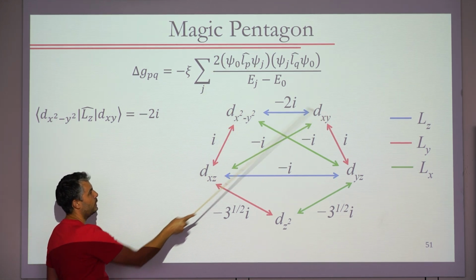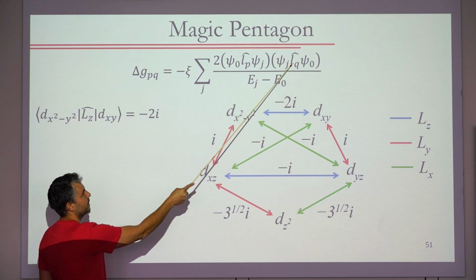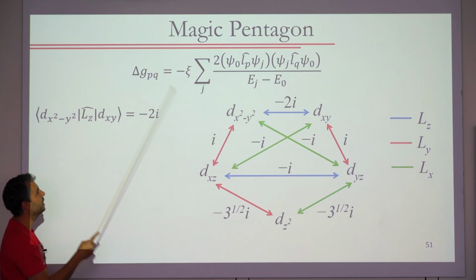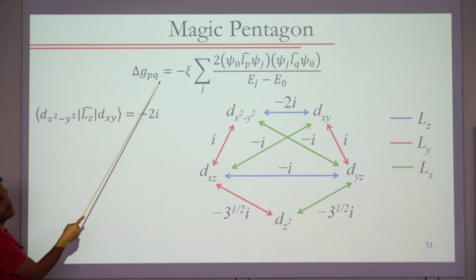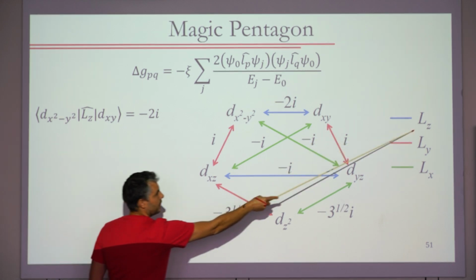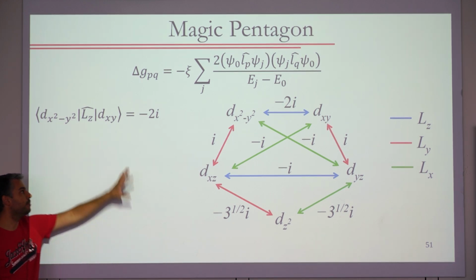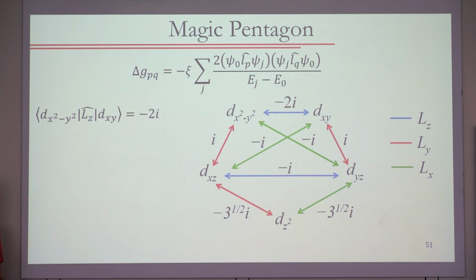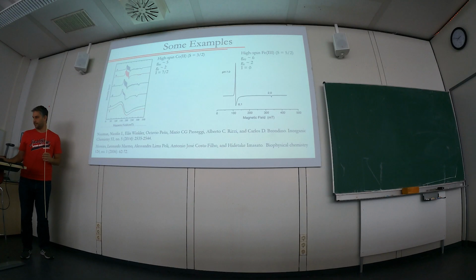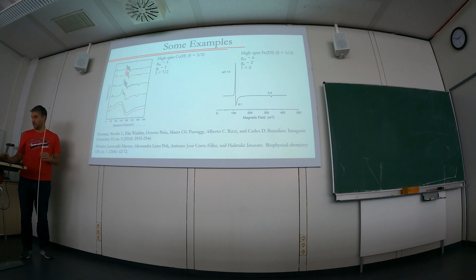If you couple xy and x squared minus y squared, you put here a minus 2i, and then here you can also put minus 2i for a certain value that would be, I don't know, the G z component, and then yeah, this would be Lz couples this, Ly couples this, etc. So you can use that to remember all the terms that go into this perturbation expression. You probably have seen this somewhere.